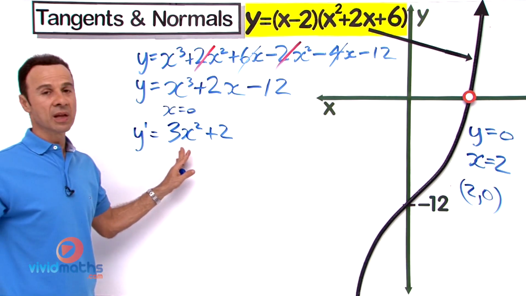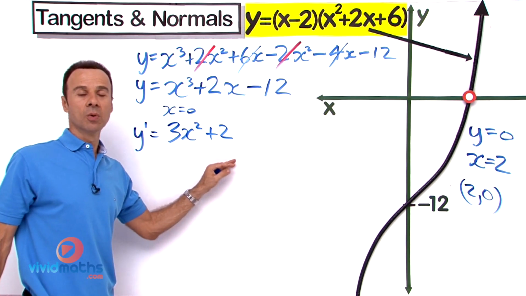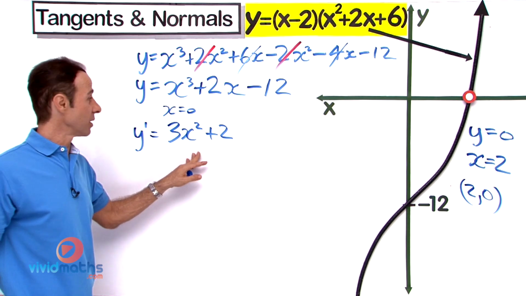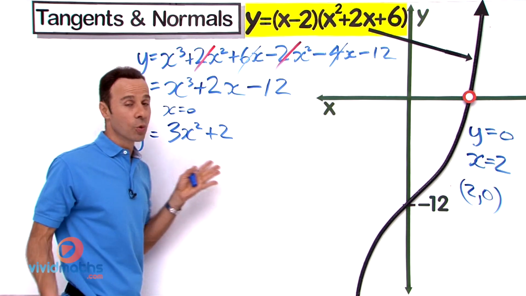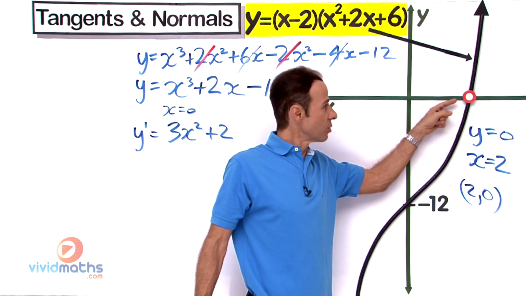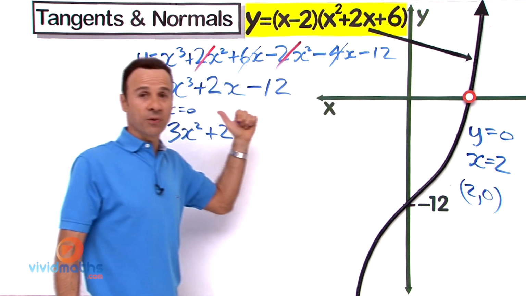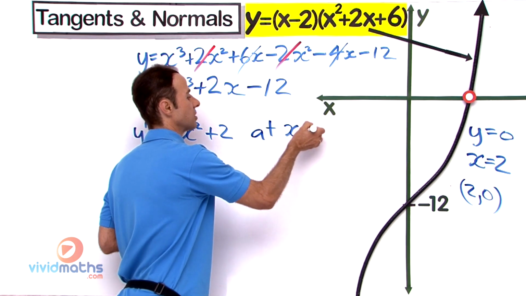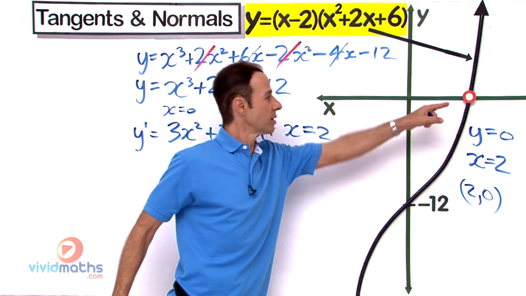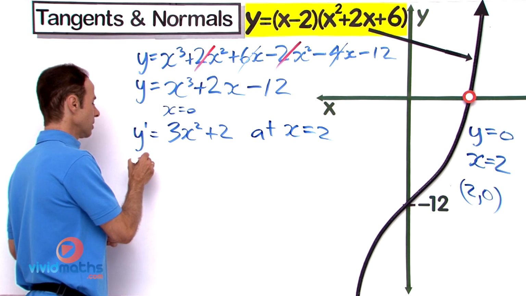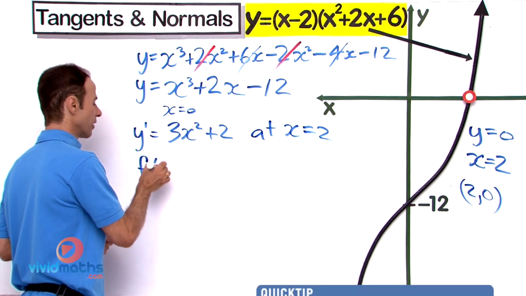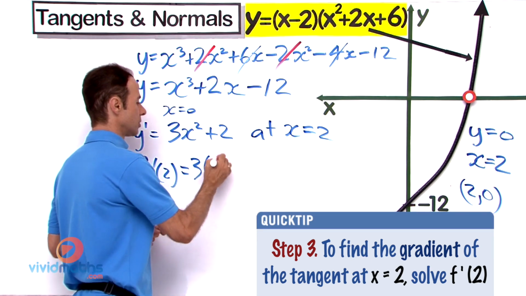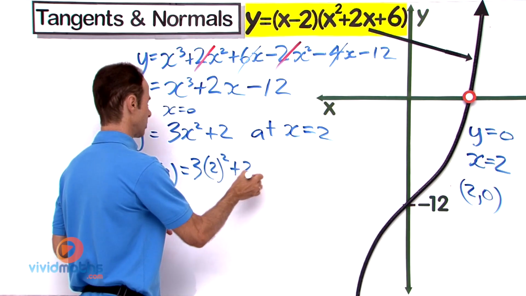Now, what do we need to do with that slope function? Actually, no, we're going to substitute the x value in there. So let's substitute the x value that we want. Which x value? It's when x equals 2. That goes in here for us to find the slope and gradient. So at x equals 2, let's call it f prime 2, that's going to equal 3 times 2 squared plus 2.